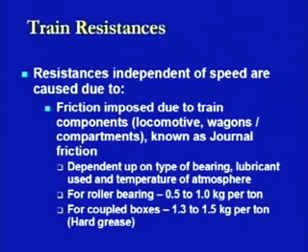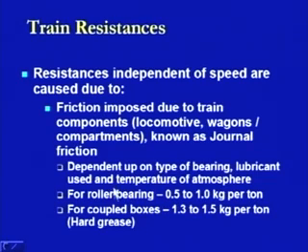In this case, the frictions which we are looking at are the frictions because of the locomotive parts or the wagons or the compartments, and these frictions are known as general frictions. These are dependent on the different types of bearings being used, the lubricants used and the temperature of the atmosphere. This temperature has a bearing on the lubricant or the types of bearings being used, and if there is a higher temperature, then obviously the friction is going to be lower.